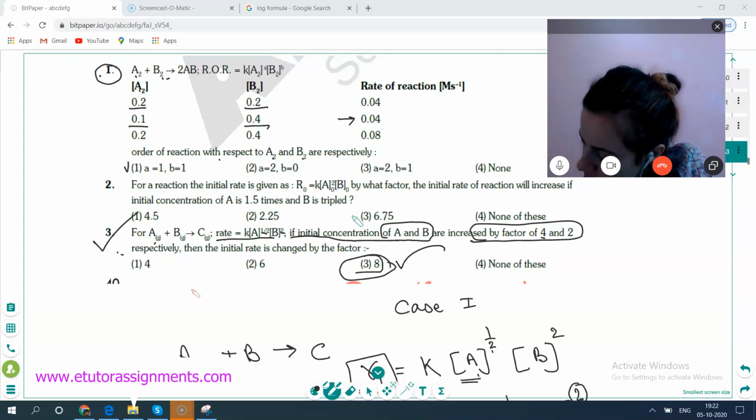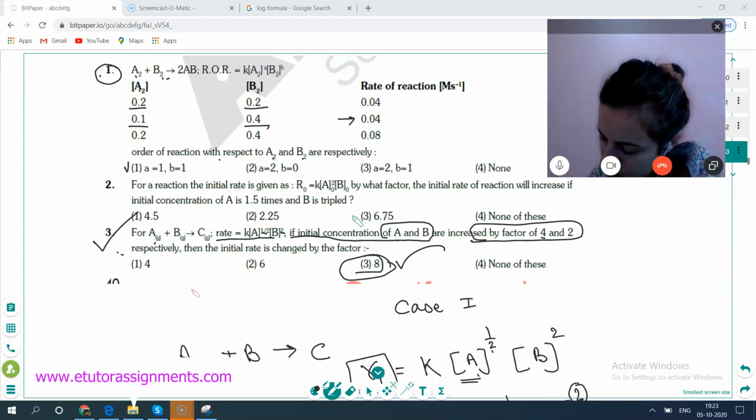So R1 is equal to K and then 1.5A multiply and B 3B is equal to 1.5 is going to be 2.25 K and multiply on 3B.